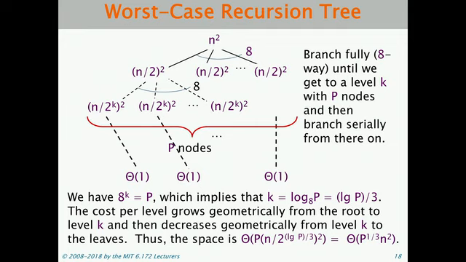So you have to argue that this is going to be the worst case, and intuitively it's the worst case because you're using most of the memory near the root of the recursion tree. So if you can get all P nodes as close as possible to the root, that's going to make your space as high as possible. It's a good question.